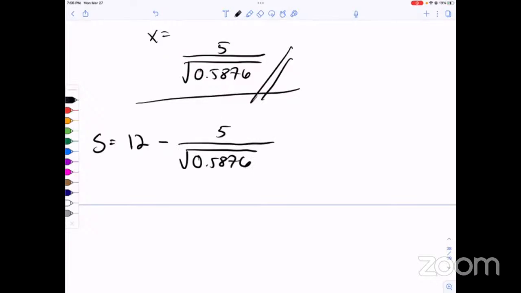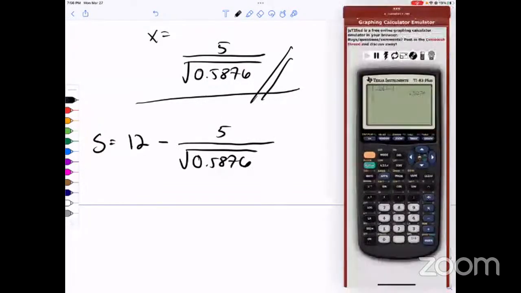Okay. So we're going to say 12 minus 5 divided by the square root of that answer. Okay. So we get 5.48 approximately.